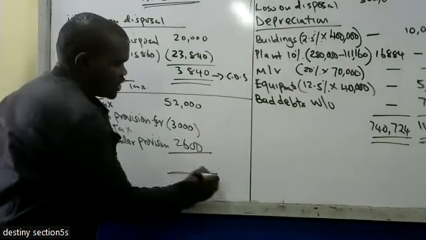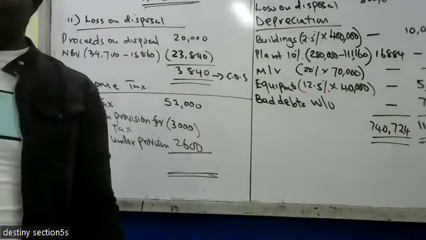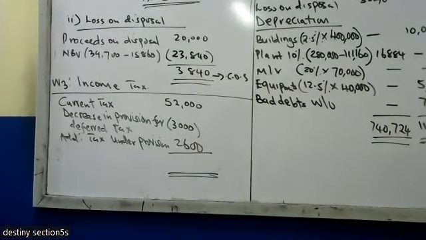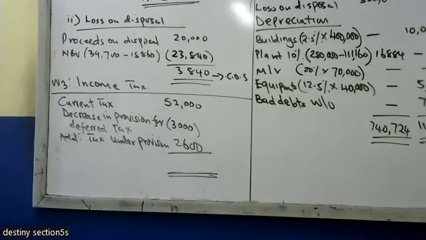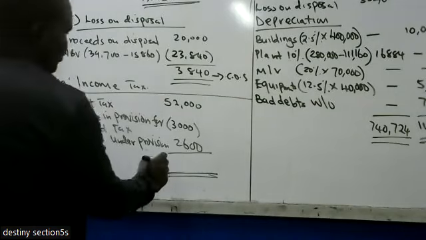So this is the total tax expense. Can you add? Add for me the total tax expense. The total tax expense. $51,600. Thank you.